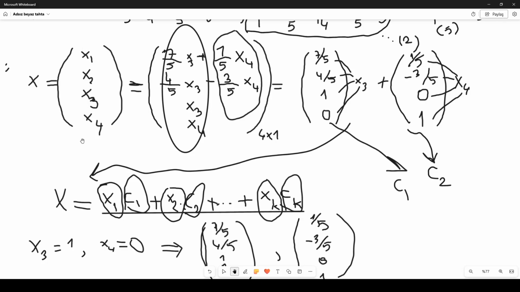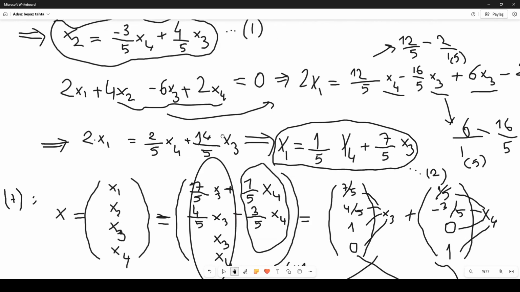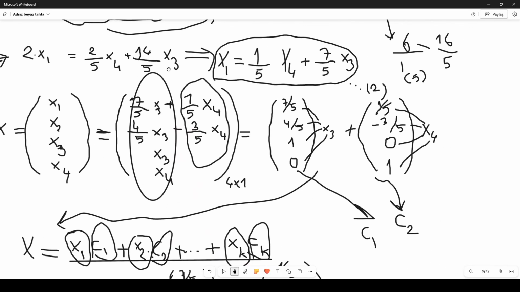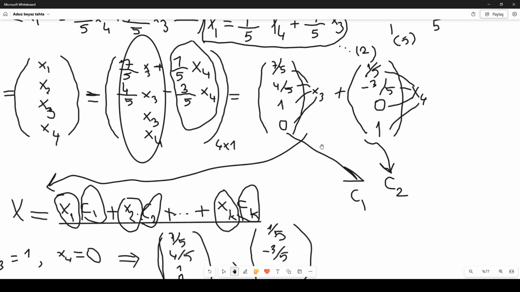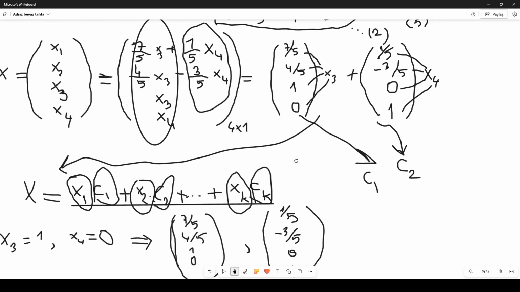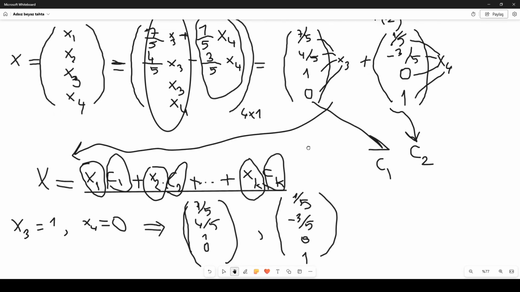So we have a 4-tuple. Our solution is represented by a 4-tuple. And I plug in the values I found above, because I found the equations that correspond to the basic variables in terms of free variables. Then by simple matrix algebra, I just take the free variables outside the matrix as if they are real coefficients, and write down the particular solutions in matrix form.